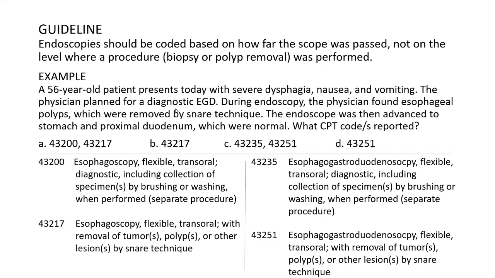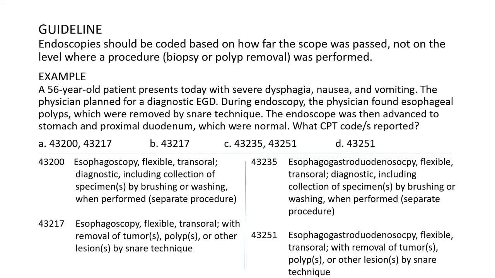The physician planned for a diagnostic EGD. During endoscopy, the physician found esophageal polyps, which were removed by snare technique. The endoscope was then advanced to the stomach and proximal duodenum, which were normal.